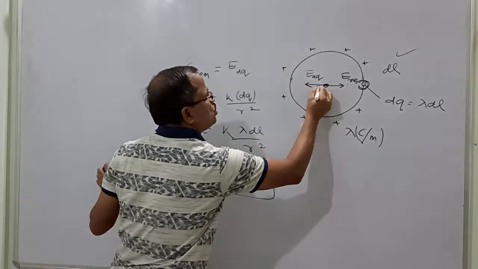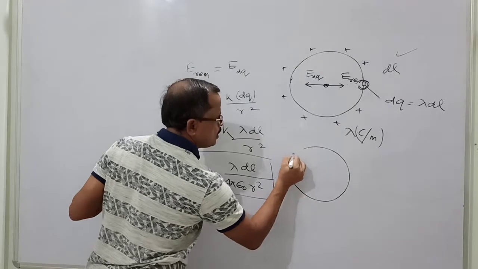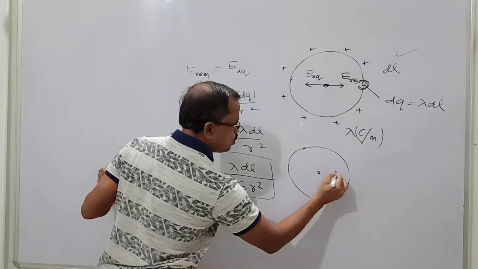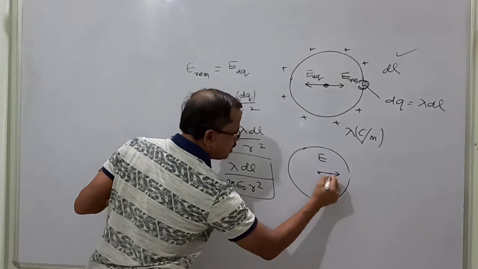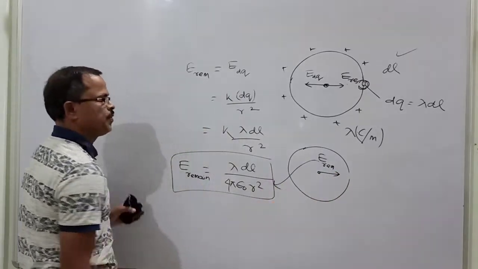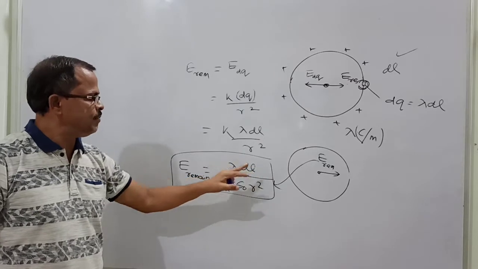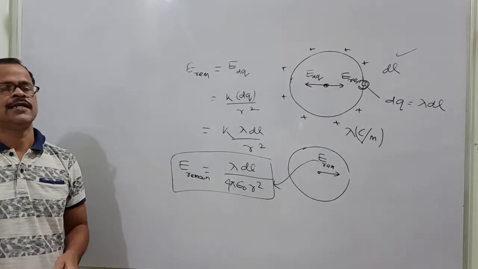The direction is towards the hole. If this is a ring and I make a hole here, the electric field will be towards the hole. This is the electric field due to the remaining portion, and this is the value. So the electric field is towards the hole, and the value is lambda dl by 4 pi epsilon 0 r square. This is our second problem.